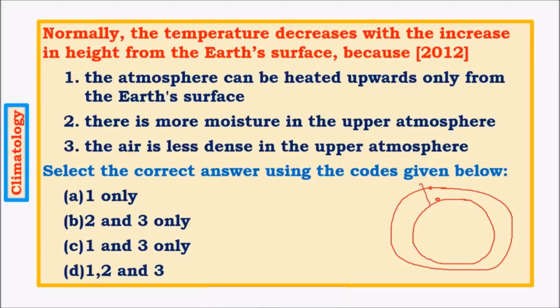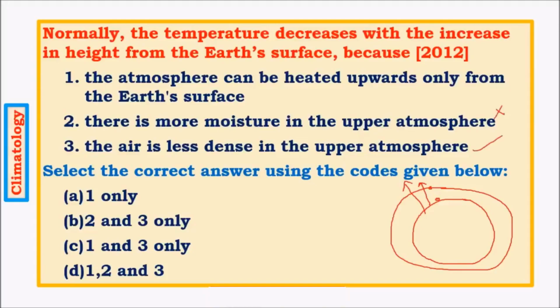So as we move upwards into the atmosphere, the air is less dense, as well as pressure is also comparatively lower. There is more moisture in the upper atmosphere, and again we have seen in the previous video that the moisture content in the atmosphere is greater at the surface of the Earth, whereas as we move upwards, the moisture falls. So point 2 is wrong, whereas point 3 is correct.